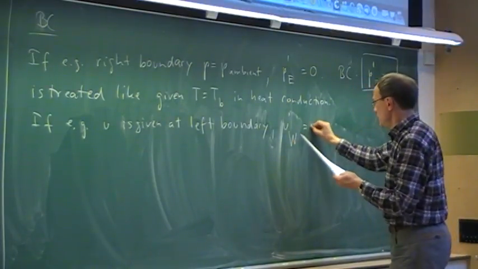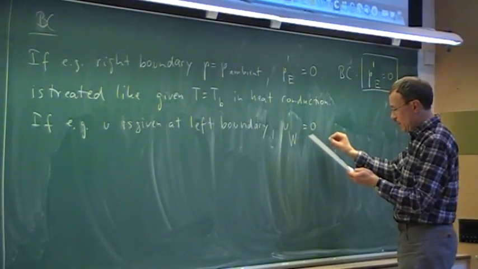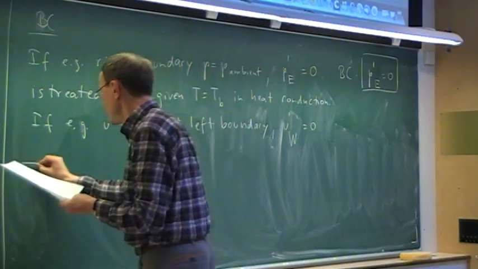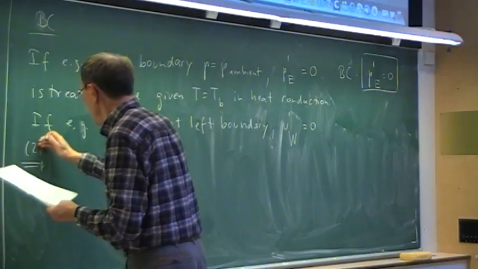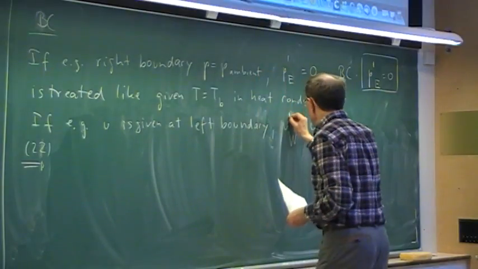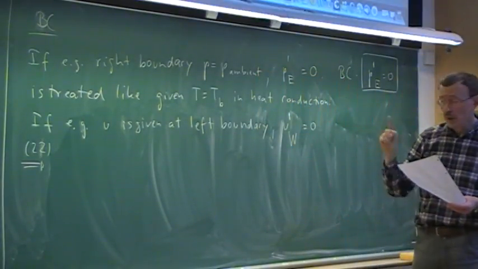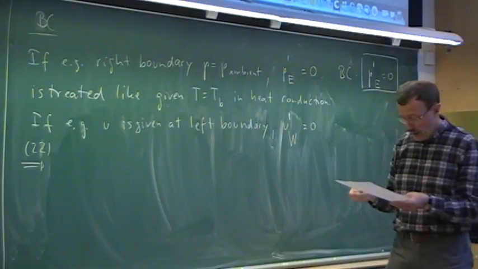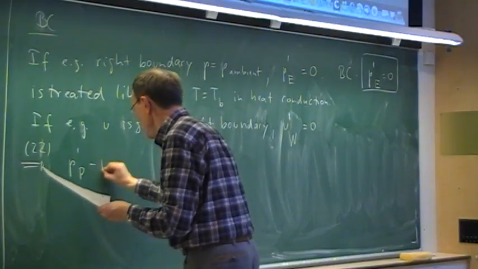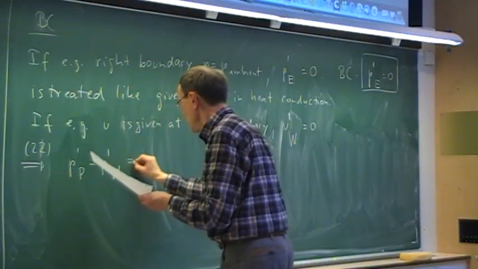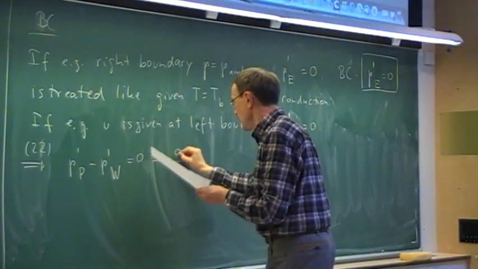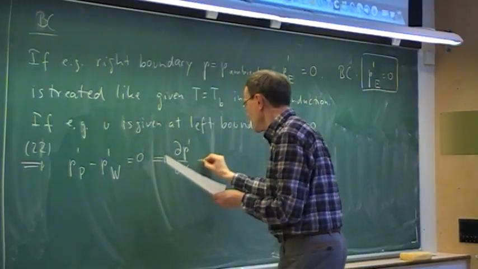If we use equation 22, which gives us the relation between the u prime and the p prime, we will see that it follows that the p prime at P minus the p prime at w is 0, and that means that we have a boundary condition that dp prime dx is 0.